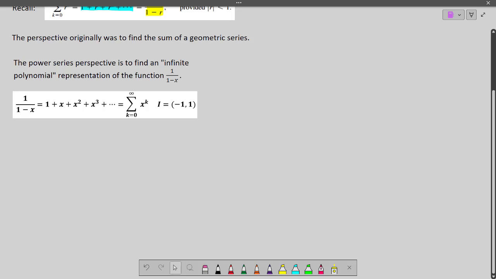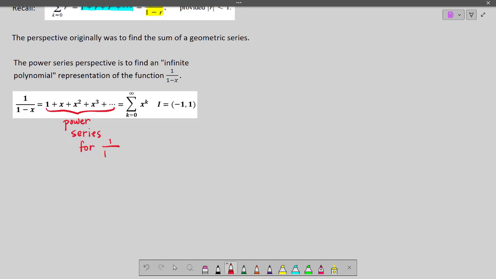So this is a power series for the function 1 over 1 minus x.